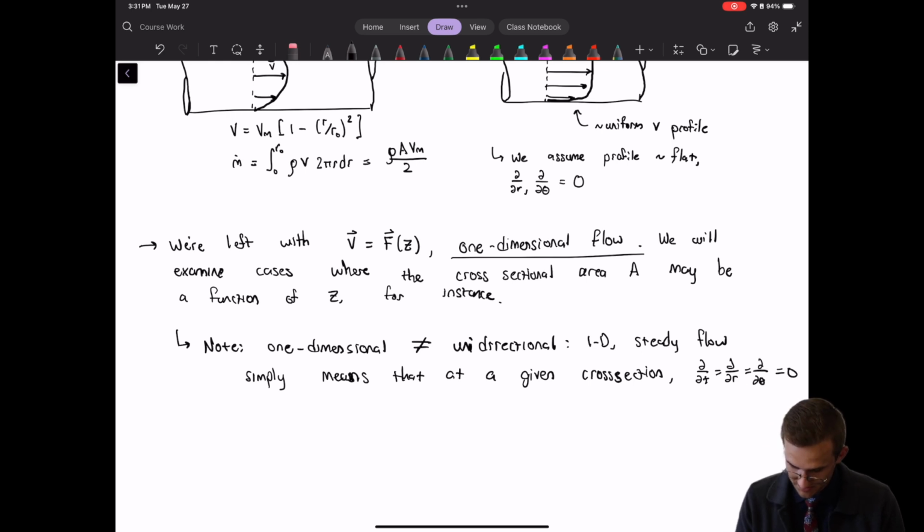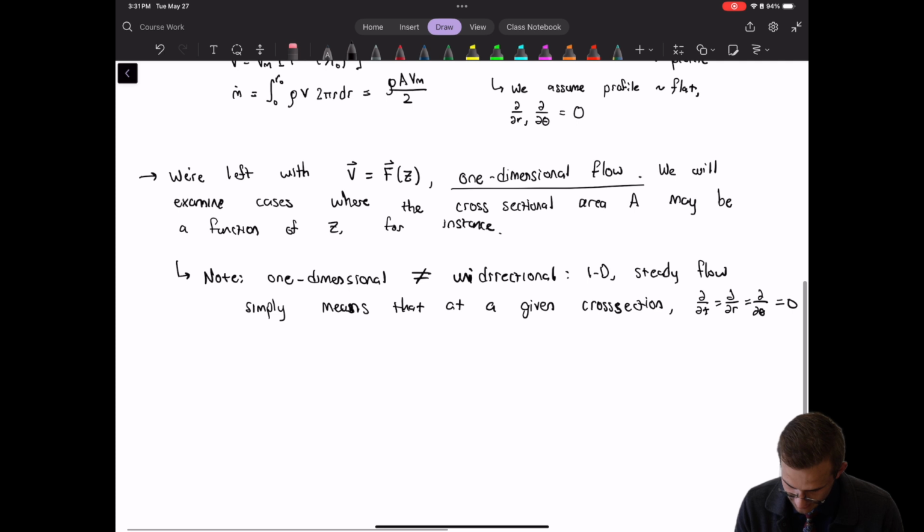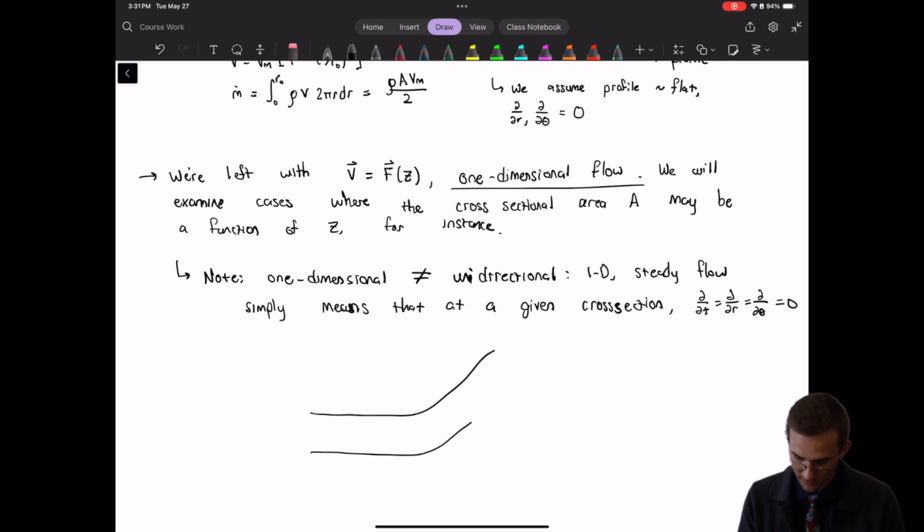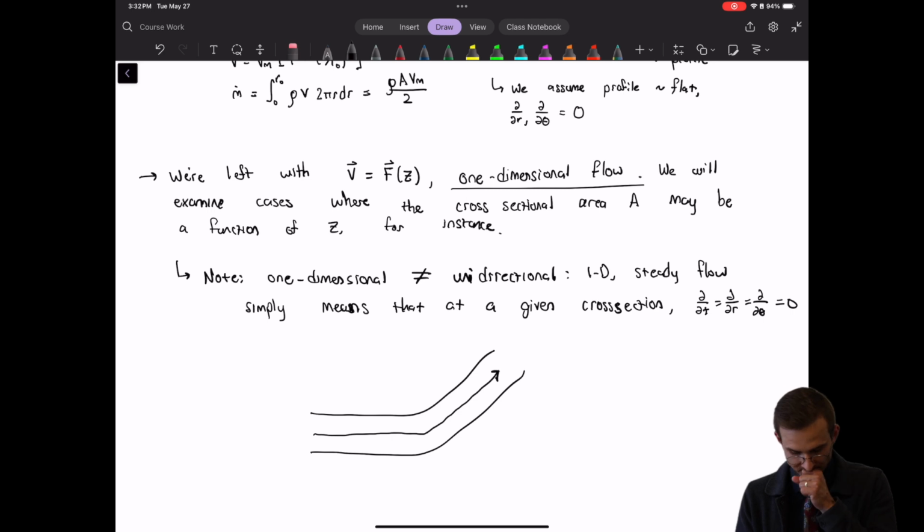But the duct could change direction. So you could have a duct that turns upwards in this way, right? And the flow changes direction with the duct. But at a given cross-section within the pipe, you still have one-dimensional flow, okay? Even though the flow is changing direction.